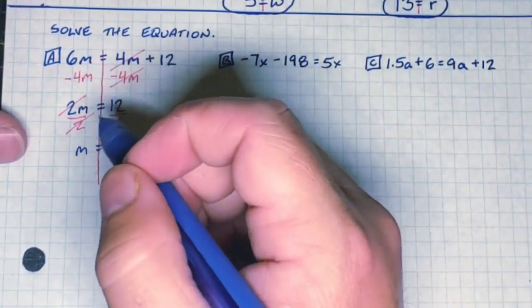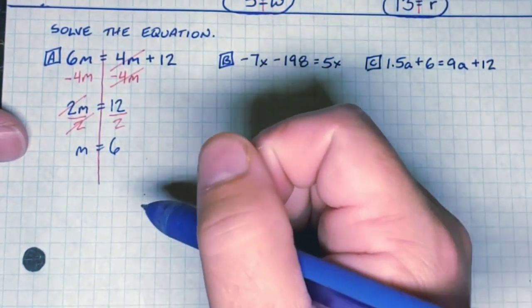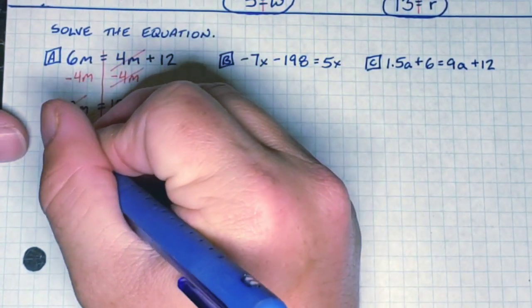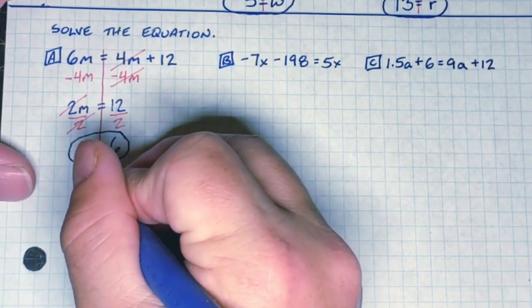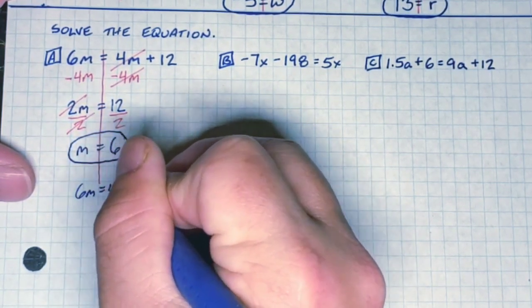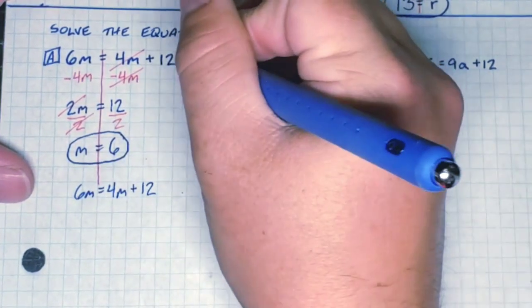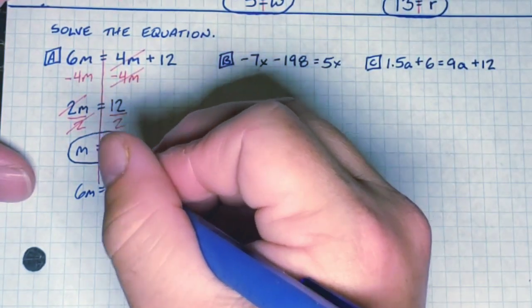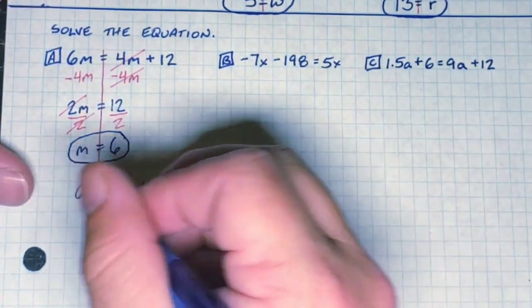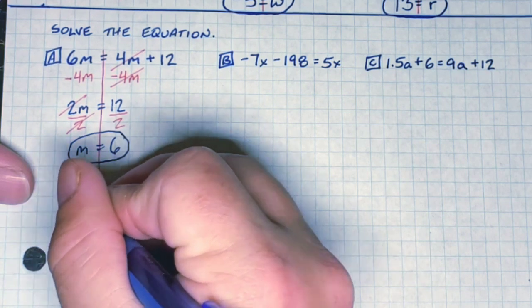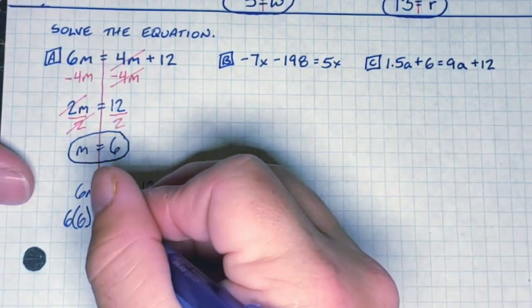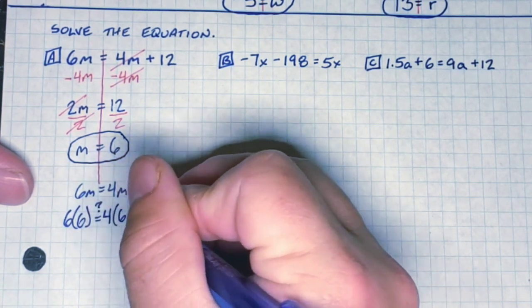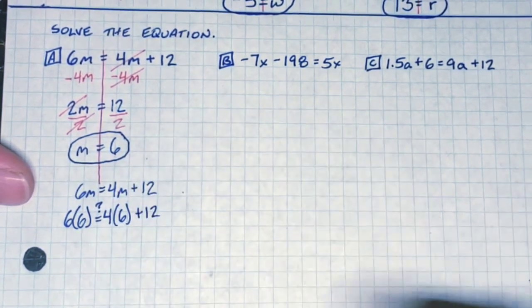And just on this one problem, I'm going to show you again that you can always go back and check your answer to make sure it makes sense. All right, you start with the equation that you started with at the beginning. We're going to take the 6 and plug it in where all of the m's are. So we got 6 times 6. We want to know, does that equal 4 times 6 plus 12?